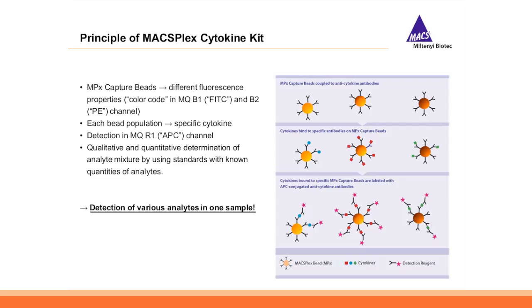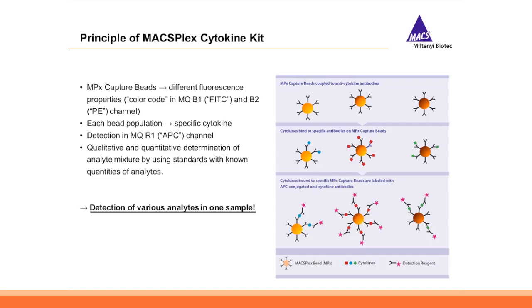And then to complete this sandwich structure, you incubate with the detection reagent, and the detection reagent are APC conjugated anti-cytokine antibodies. So you have the possibility to detect the signals in the MACSQuant R1 channel, so the APC channel. And the more cytokines are bound to the capture beads, the brighter the APC signal is.